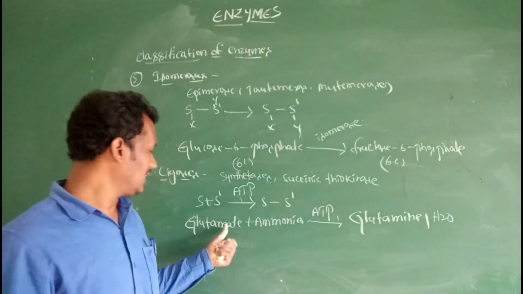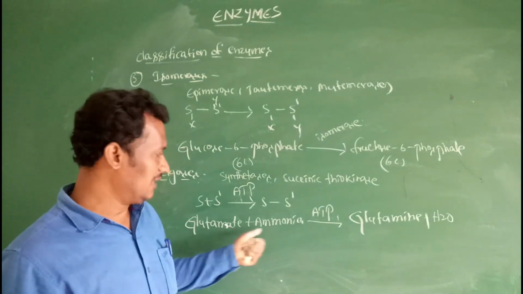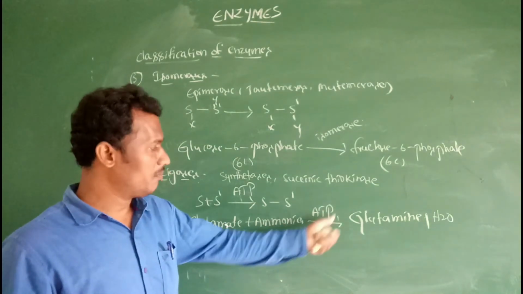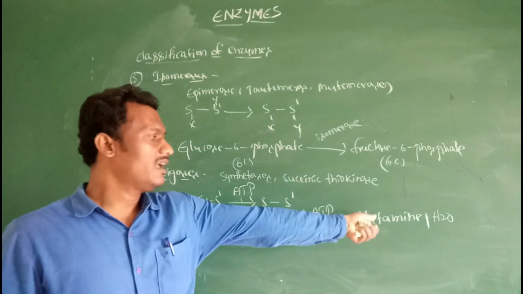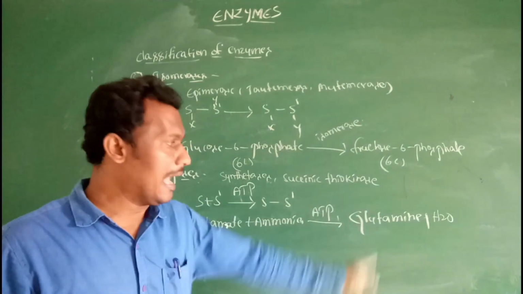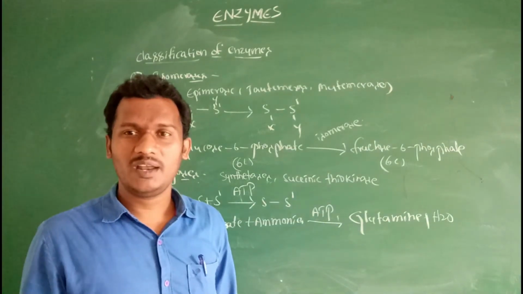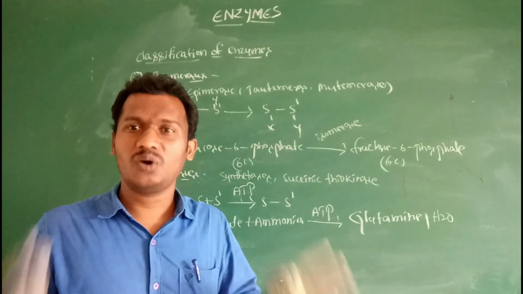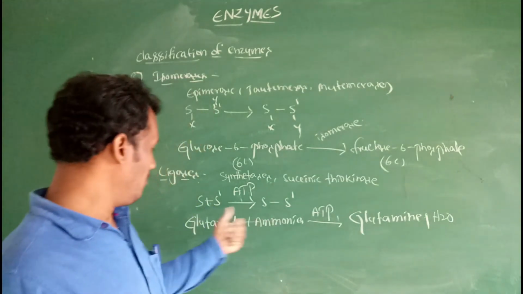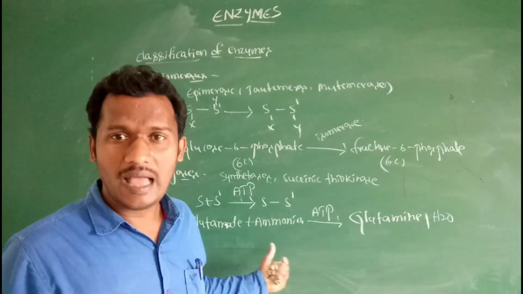Glutamate is an amino acid, and the ammonia group is added by consuming ATP. Glutamine is an amide and releases a water molecule. Generally amides are modified amino acids containing a larger amount of ammonia compared to amino acids.